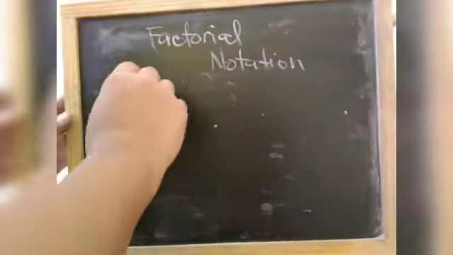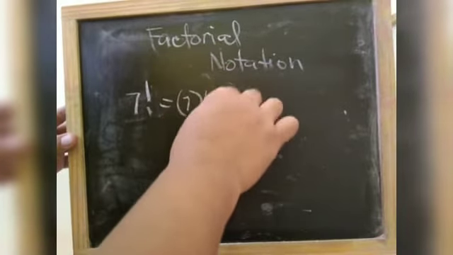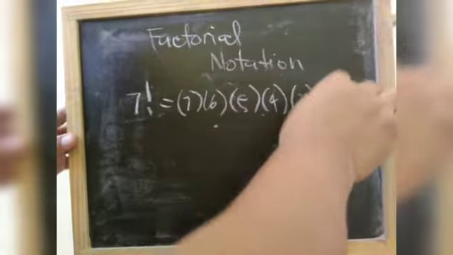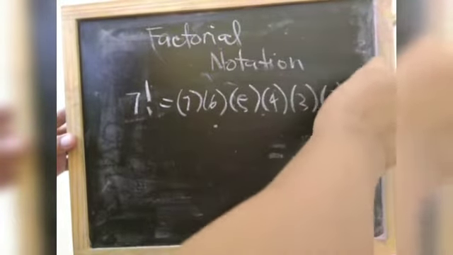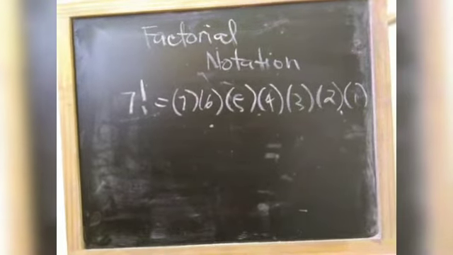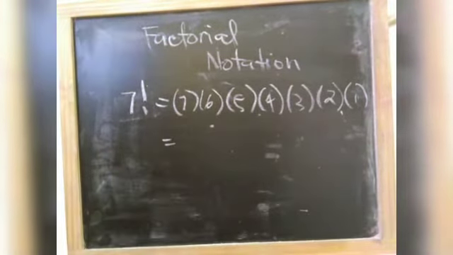Okay. So, obviously, 7 factorial would be 7 times 6 times 5 times 4 times 3 times 2 times 1. Sige nga, ano naman ang magiging sagot dito? Medyo mahaba-haba to.